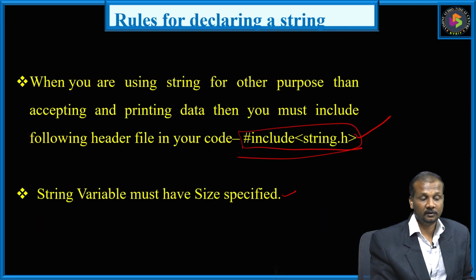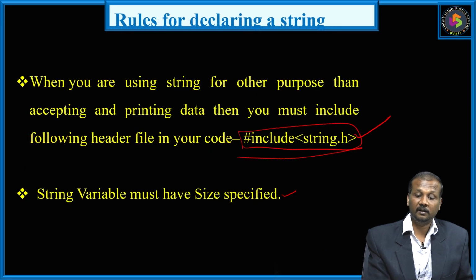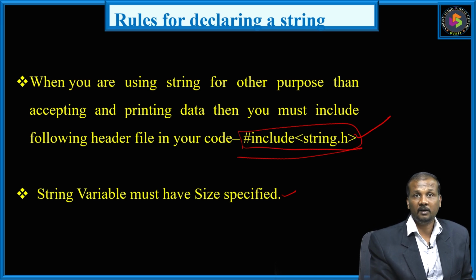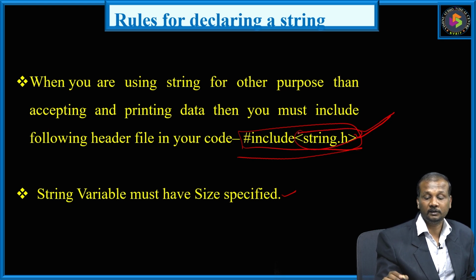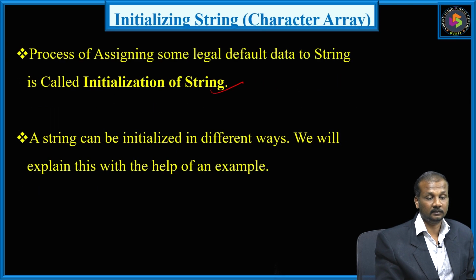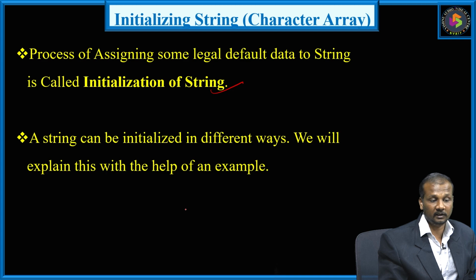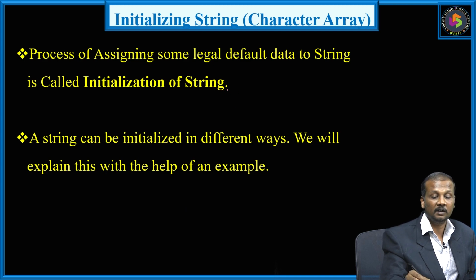Rules for declaring a string. When you are using strings for accepting and printing data, you must mention the header file, include string.h. It is a very important point. A string variable must have its size specified. Initializing a string: the process of assigning some legal default data to a string is called initialization of a string.